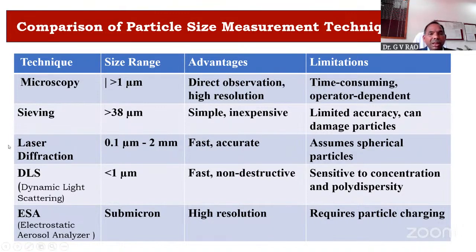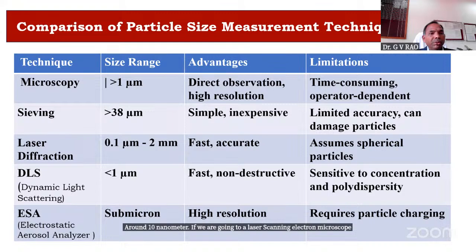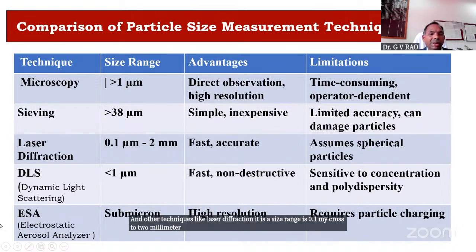With the scanning electron microscope, we can even go up to 1 nanometer. Other techniques like laser diffraction have a size range of 0.1 microns to 2 millimeter. Dynamic light scattering is less than 1 millimeter, and the electrostatic aerosol analyzer can analyze submicron particle sizes.